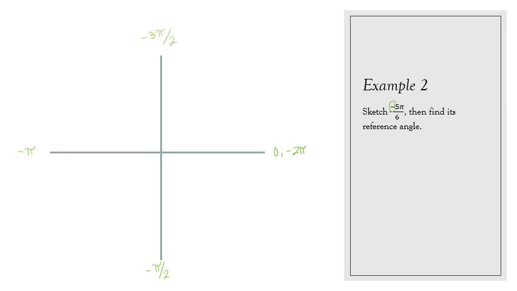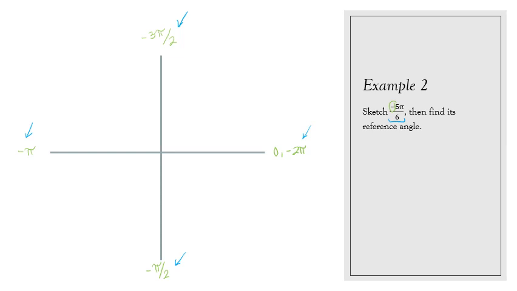Now, because the angle I've been given to sketch has a denominator of 6, it can be helpful to look at these individual radian measures in terms of sixths, rewriting them so that they also have a denominator of 6.